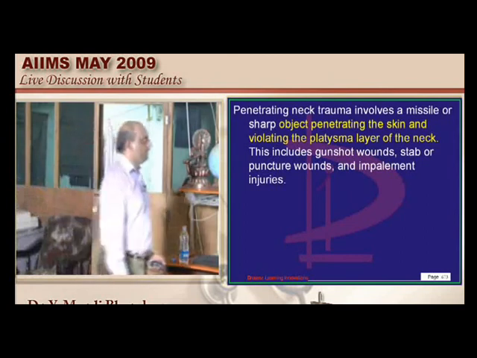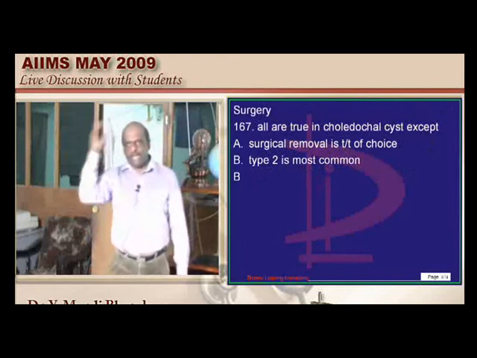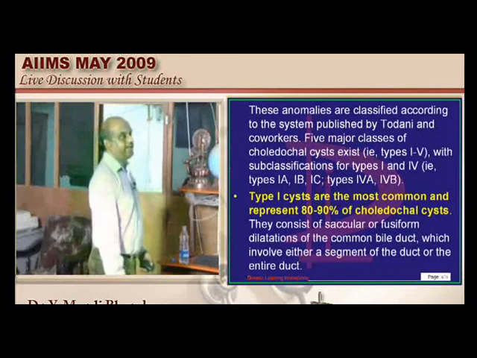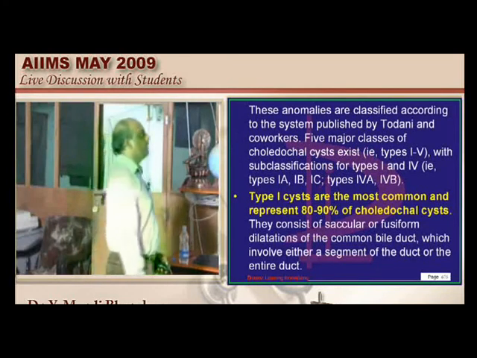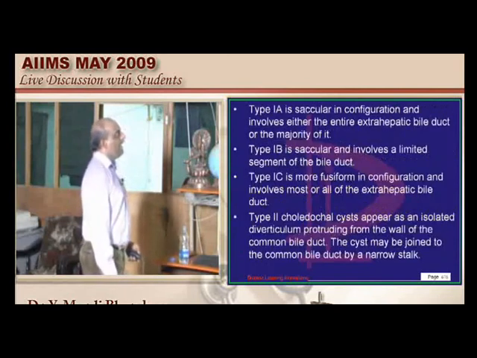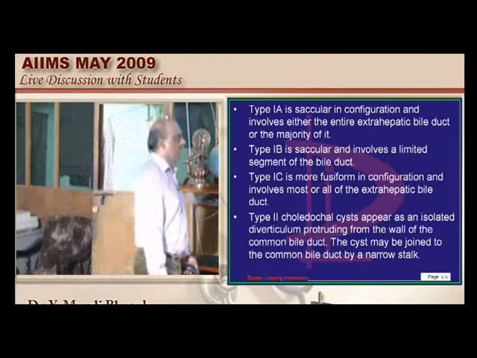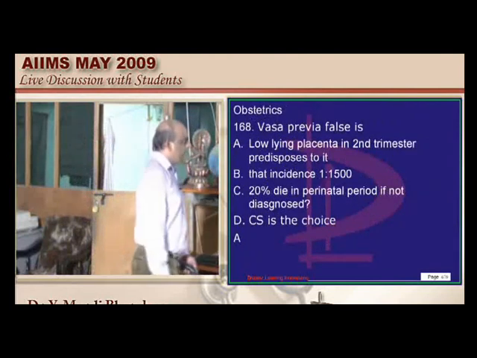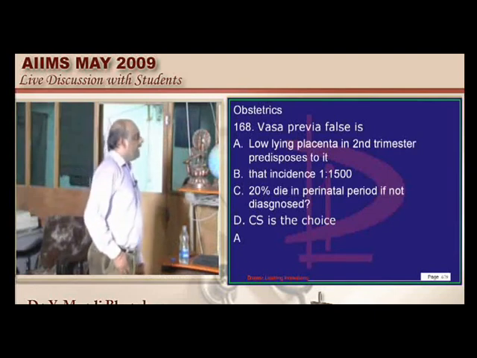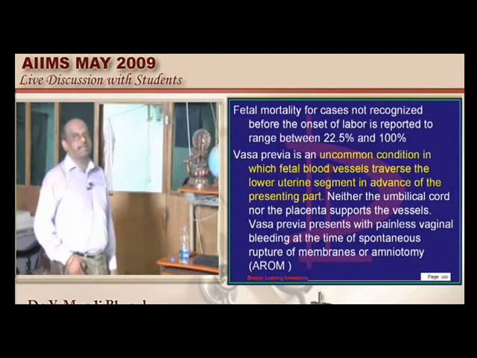Colloid cyst is a time-immemorial topic for entrance, but it is not type 2, rather type 1 cysts which are more common, representing 80 to 90% of colloid cysts, and surgical excision is considered the treatment of choice. If you take vasa previa, emergency caesarean section is indicated, and the incidence is 1 in 1275 to 1 in 8333.